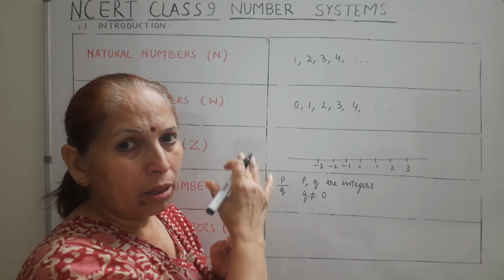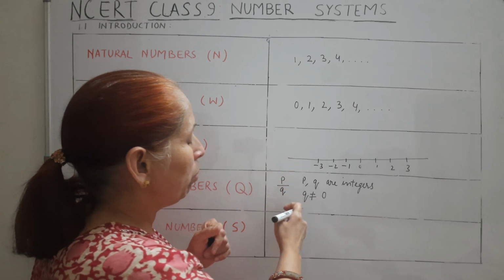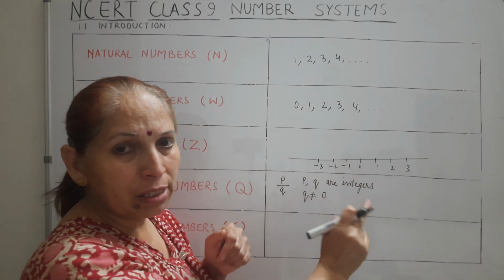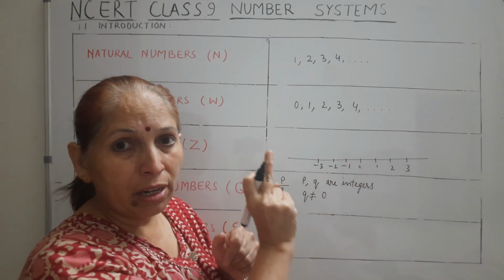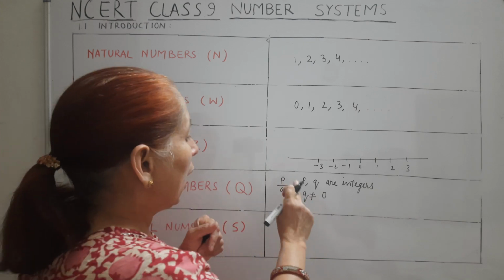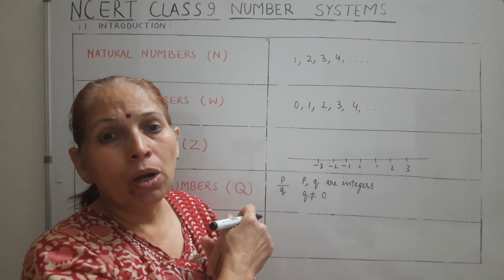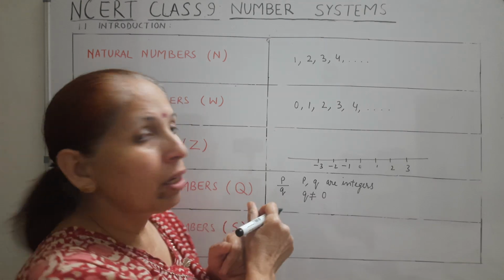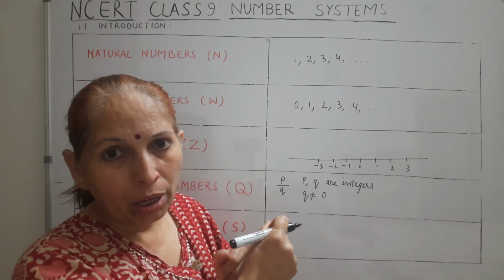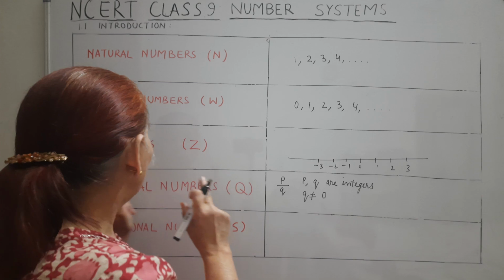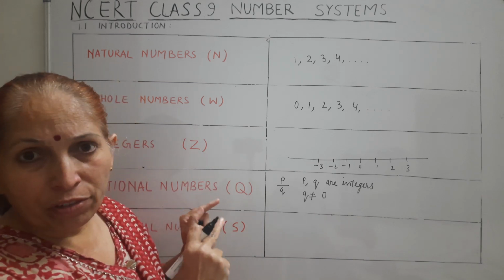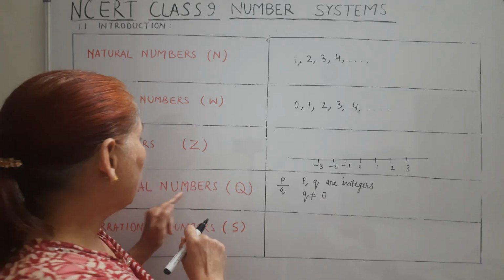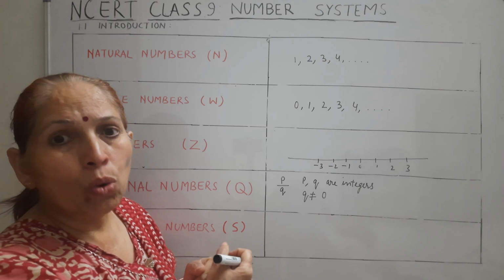Any number which is represented in the form of p by q, where p and q are integers, positive integers भी हो सकते हैं, negative integers भी हो सकते हैं, and q is not equal to 0, are rational numbers and they are denoted by Q. The word rational is derived from ratio and Q is derived from quotient.